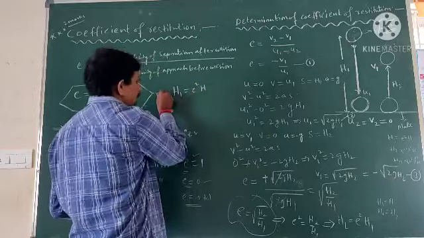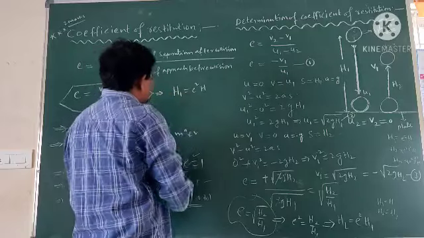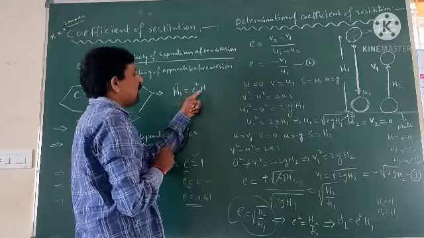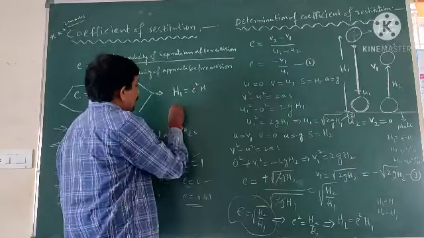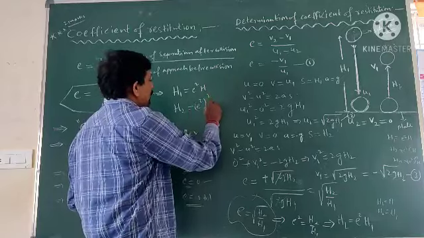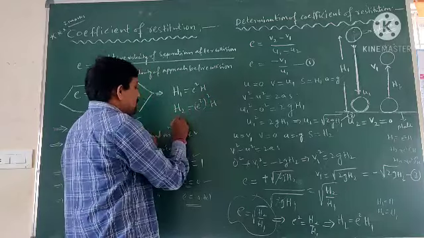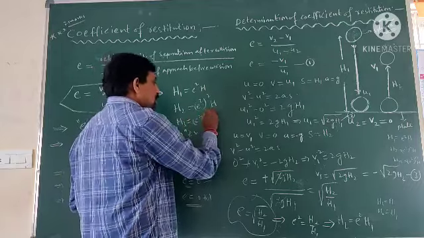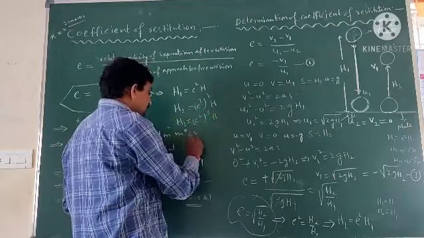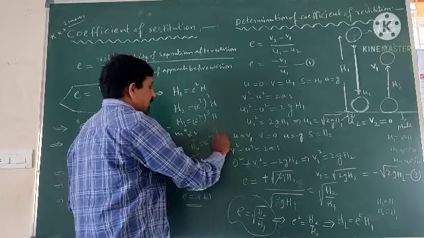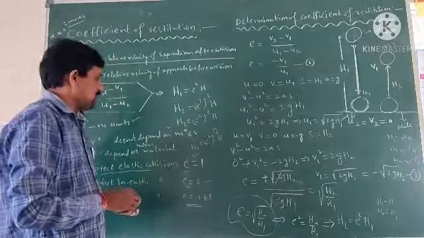So after the first bounce, the height of the sphere h1 is equal to e square into h. For the second bounce, h2 is equal to (e square) whole square into h. Third bounce, h3 is equal to (e square) whole cube into h. And the nth bounce, hn is equal to (e square) to the power n into h.